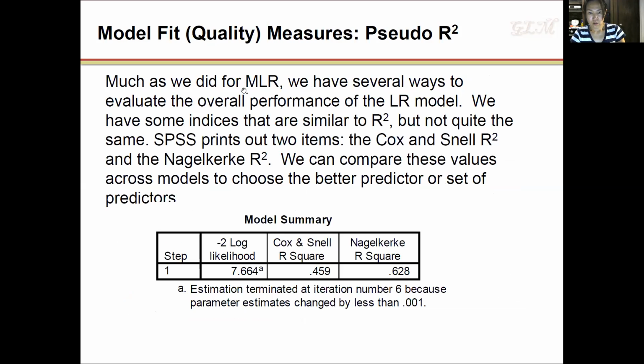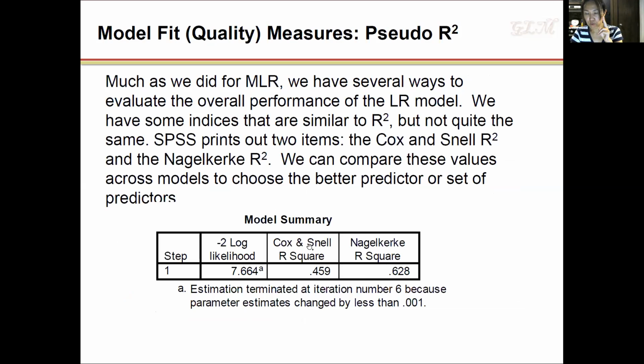Much as we did for MLR, multiple linear regression, we have several ways to evaluate the overall performance of LR, logistic regression. Do you remember the model test, the model summary? We use R-square, right? Here we have some kind of R-square, but since this is not a real R-square, we call it pseudo R-square.